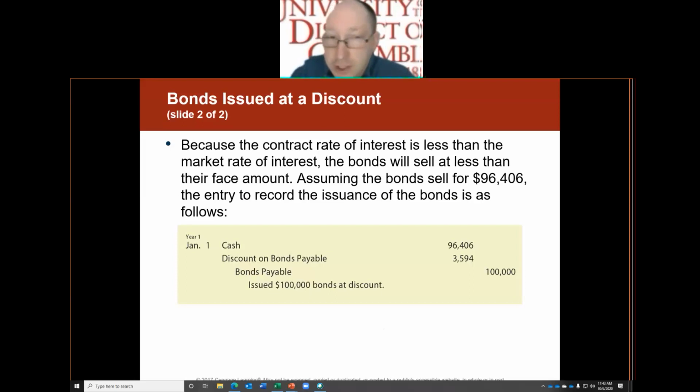The reason is that there's a 1% discount, because the market rate was 13% and the bond rate was 12%. The calculation shows a debit to cash, increasing our cash by $96,406. We debit our discount on bonds payable account by $3,594, and we credit bonds payable $100,000.